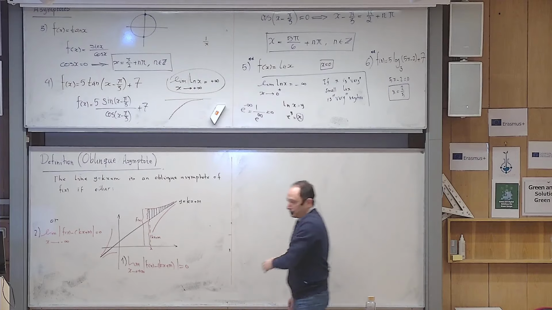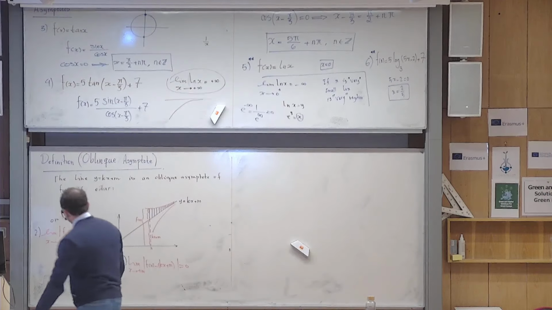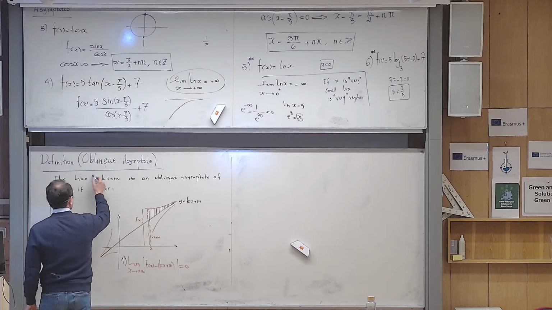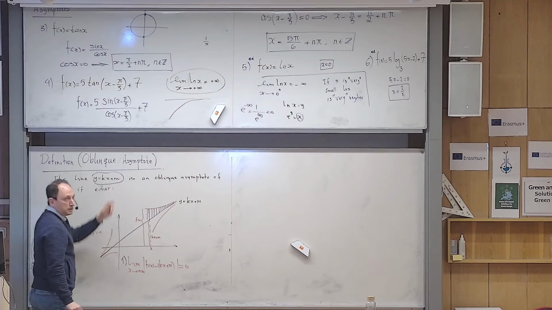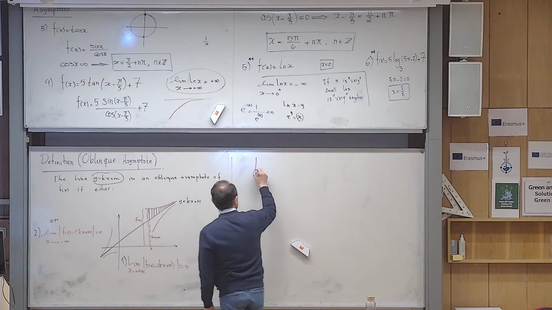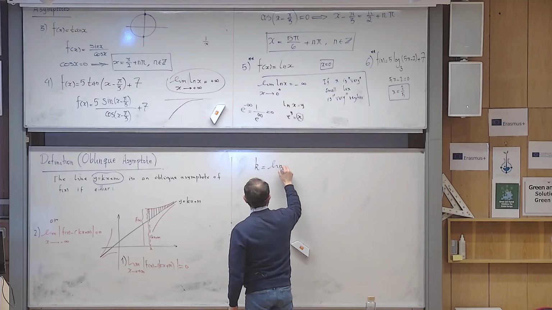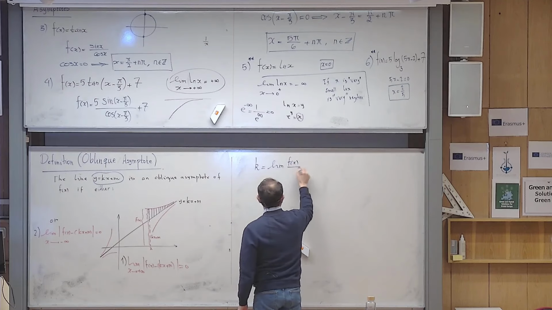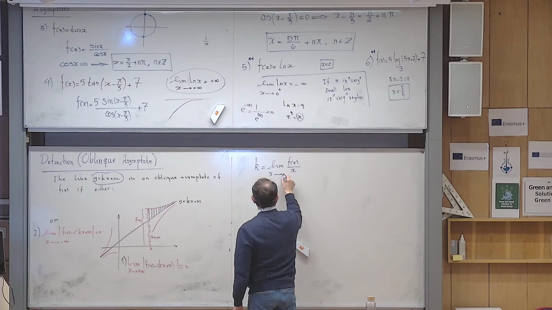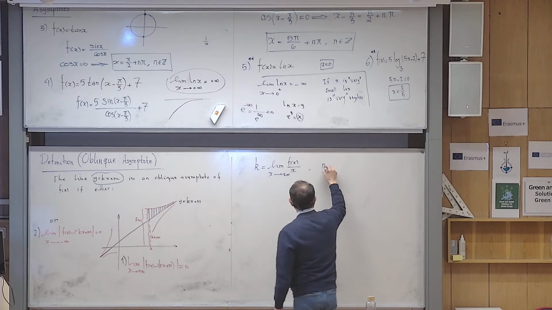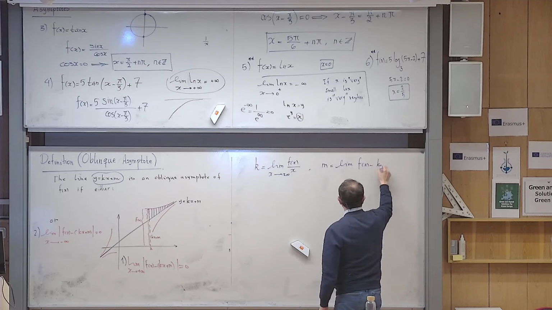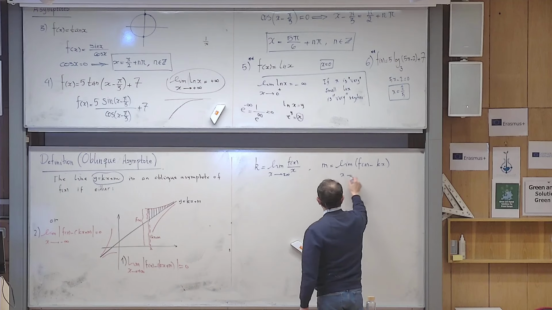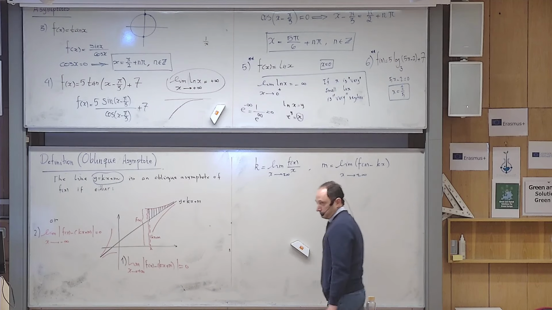So the formulas, I will write it for you. If you want to find this line, there are two unknowns, k and m. The formula for k is proven to be the limit of f of x over x as x goes to plus or minus infinity, and m is the limit of f of x minus kx when x goes to plus or minus infinity.